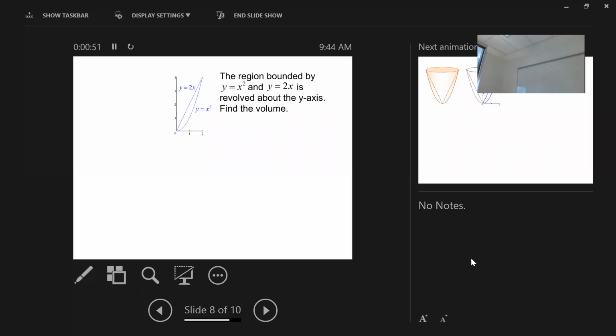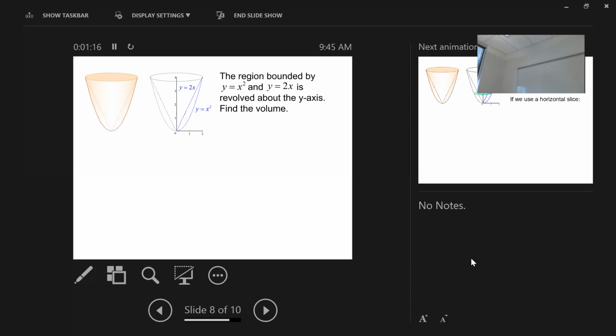So we're going to go this way, around the y-axis. And the graphics on these are really helpful. So what have we got here? We have this washer. Can you picture this washer? It's going to be dy.